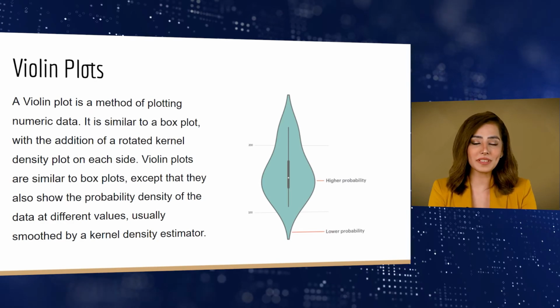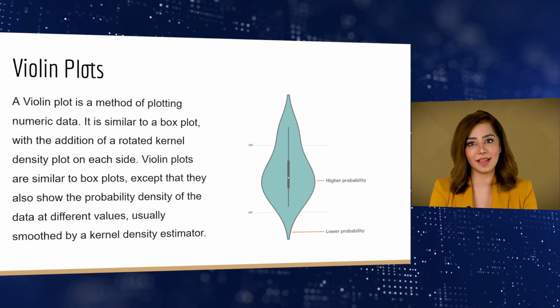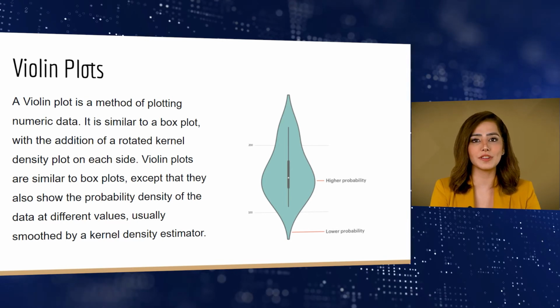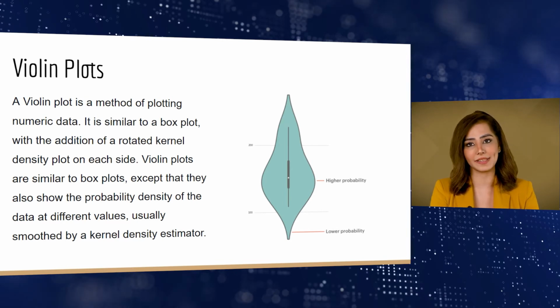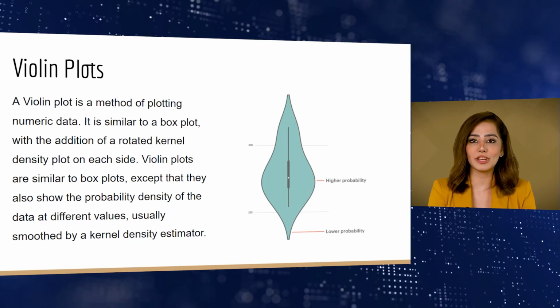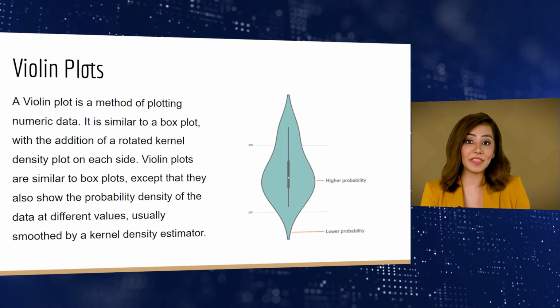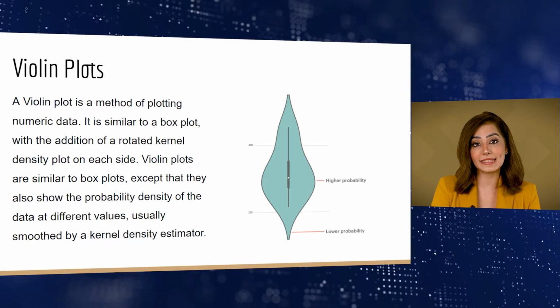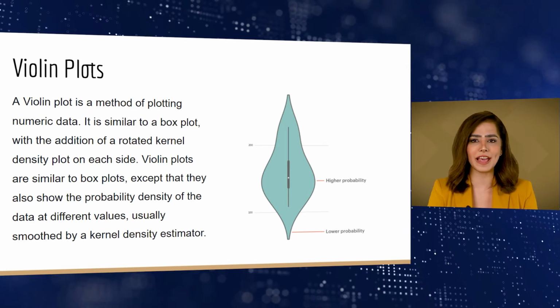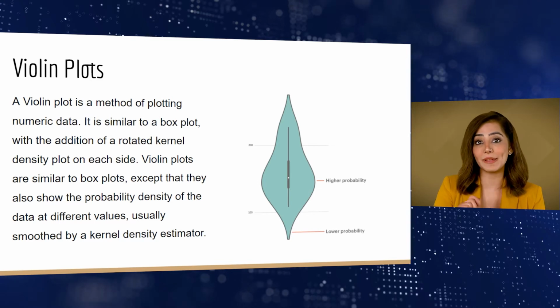A violin plot is a method of plotting numeric data. It's similar to a box plot with the addition of a rotated kernel density plot on each side. Violin plots are similar to box plots, except that they also show the probability density of the data at different values, usually smoothed by a kernel density estimator.